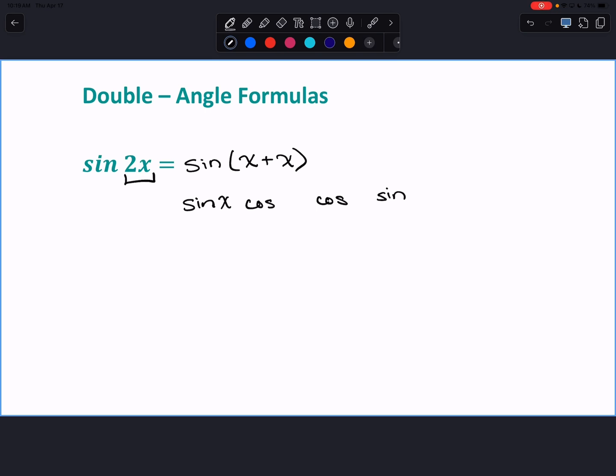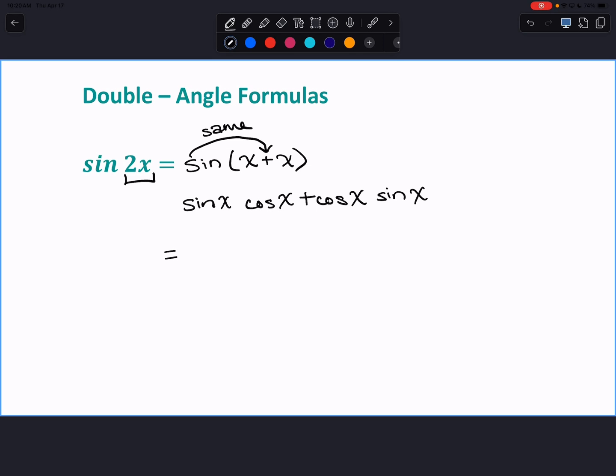So that's x and x, but we also have x in the second position, so x and x. And then remember, if it's sine, you keep the same sign. So I'm going to put a plus. Well, look, you have sine x, cosine x, cosine x, sine x. Do you notice anything? They're all x's.